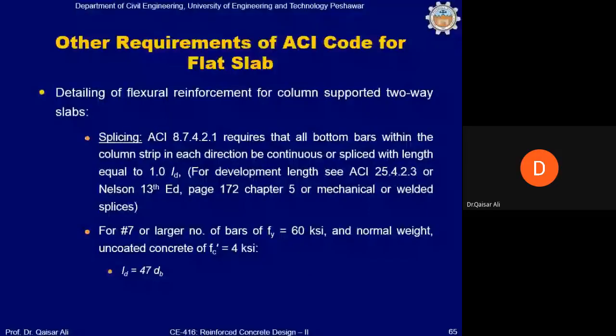The lap length shall be provided for the requirement of the ACI code, as you have seen. The lapping requirement is per ACI code, so lap length shall be provided as per the ACI code requirements.